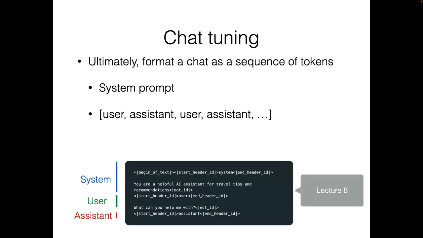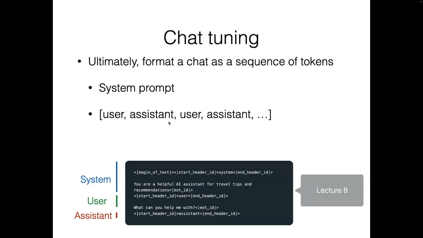I want to show you what the differences are. Ultimately, when we have a chat model, we format the chat as a sequence of tokens. In lecture 8, we talked about this, where you have a system prompt, and then an alternating conversation between some user and some assistant.